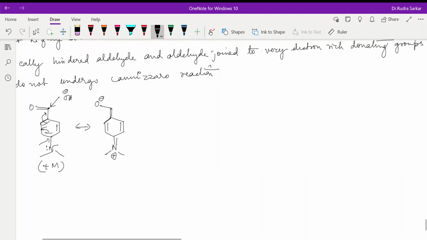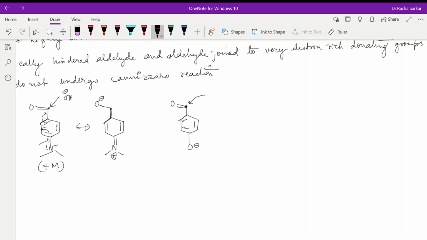Next, another molecule, again similar explanation. For this carbon to be attacked, it should be electron deficient.